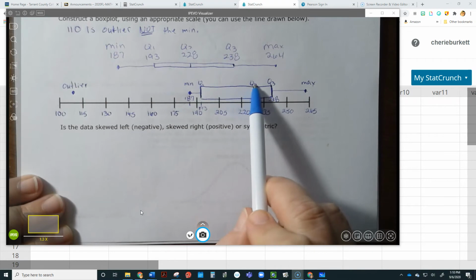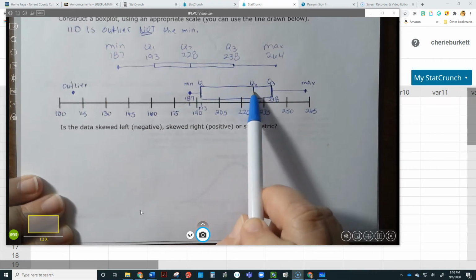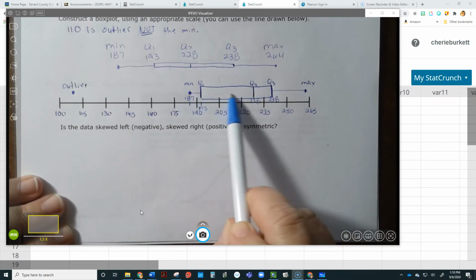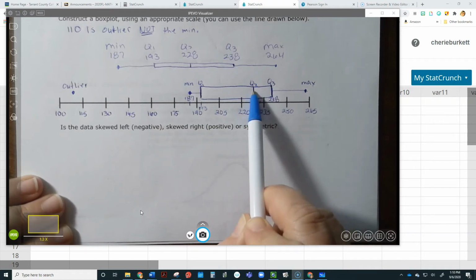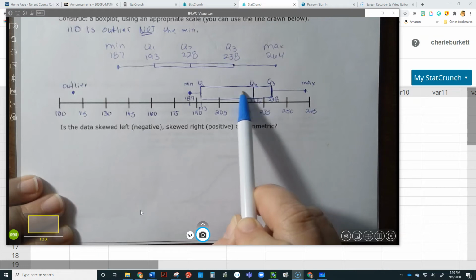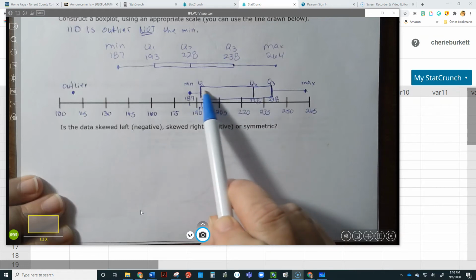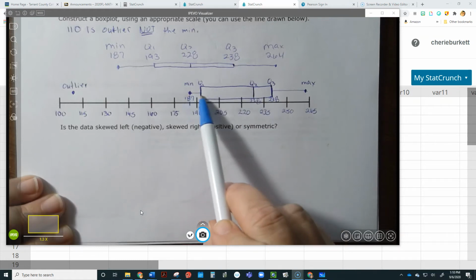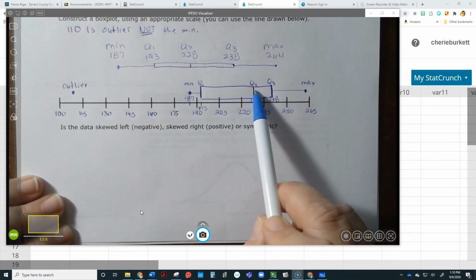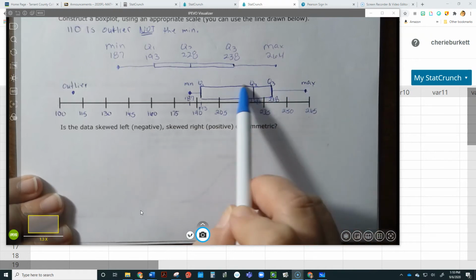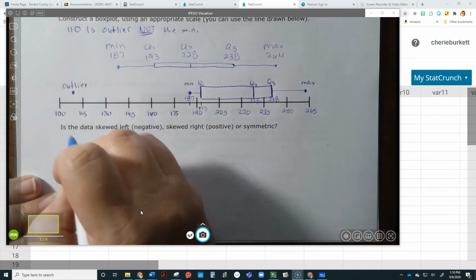Sometimes you can just look at it and tell which distance is longer. If you can't tell by looking, because it's pretty close, you may have to do some subtraction.